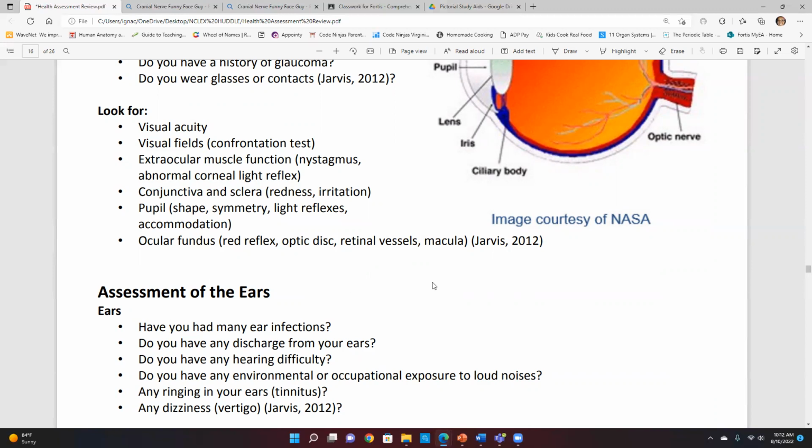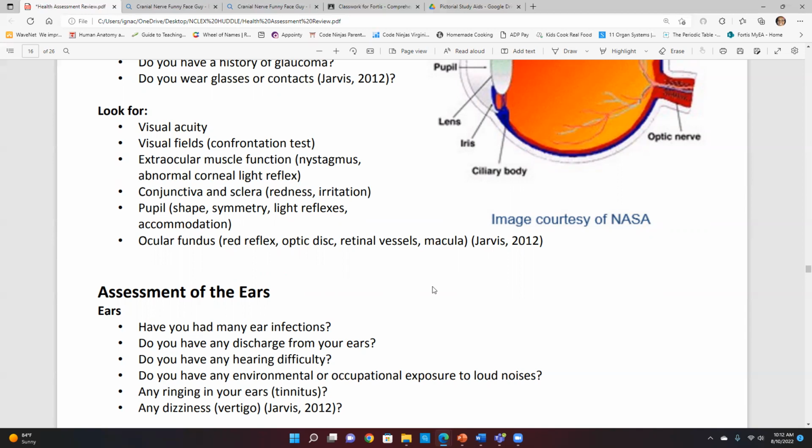Okay, so when we're examining the eyes, we're examining those cranial nerves that are appropriate with the eyes. We're looking for things like nystagmus, right? Is there an abnormal moving of the eye rapidly from side to side? We're looking at the conjunctiva, right? If we pull down the lower lids of our eyes, is it pink and moist? The sclera, the white parts of the eyes, maybe they're not white. Maybe there's a lot of blood vessels.